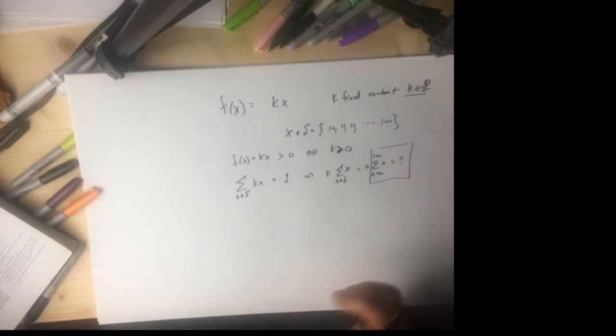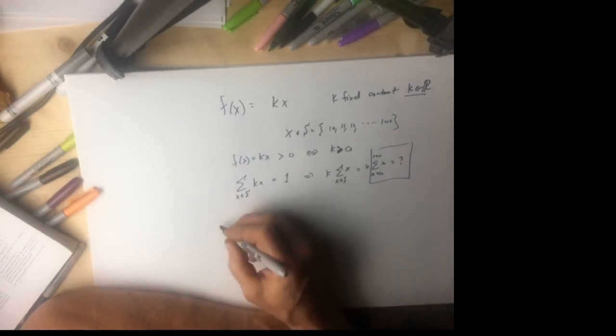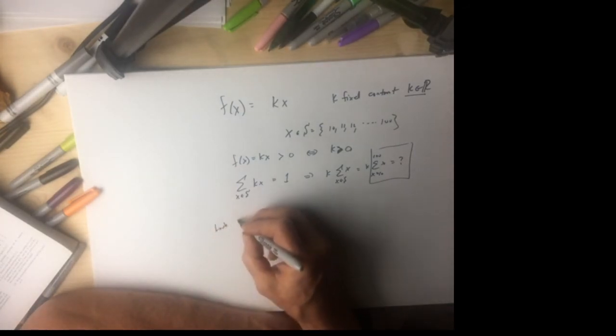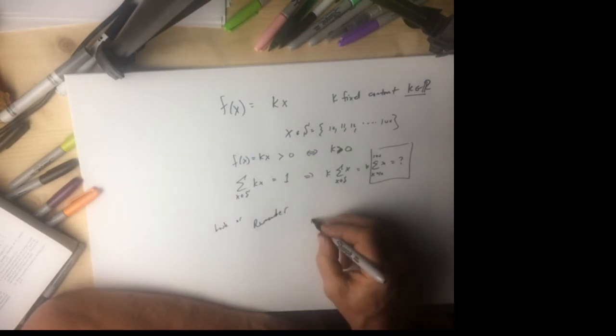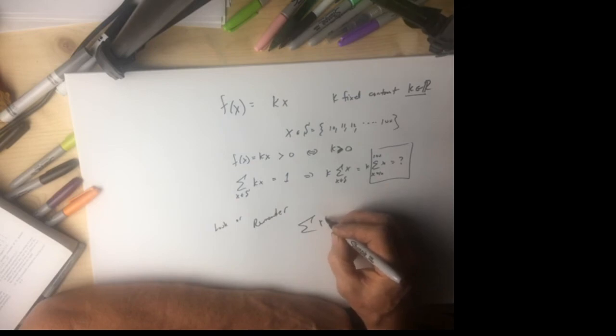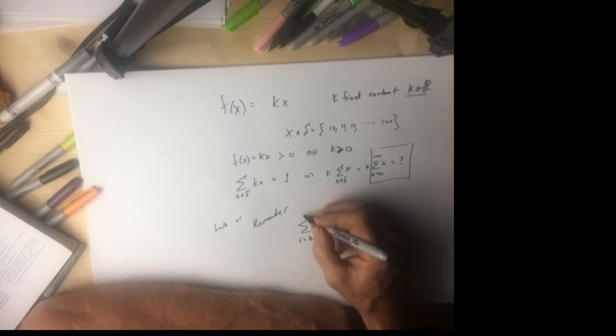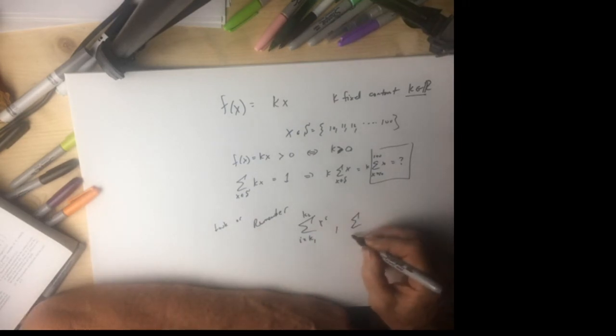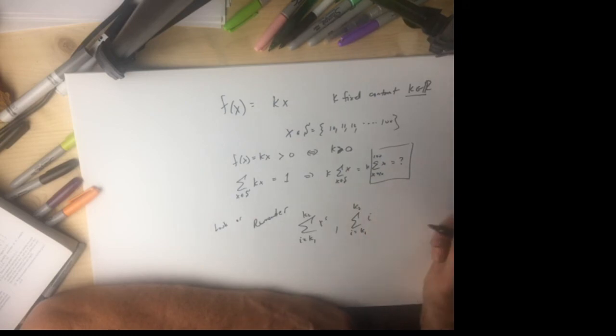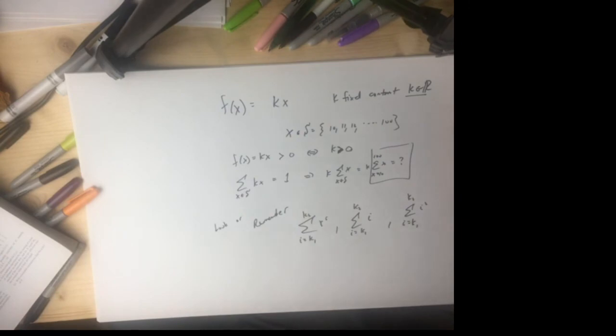So here's where I'm going to stop, and I'm going to ask you to look up or remember the following formulas. What is the sum of r to the i, from i equals some constant 1 to constant 2? Can you do that one? What is the sum from i equals some constant to another constant of just i? Or, what is the sum from i equals some constant to another constant of i squared? I bet you know these three.